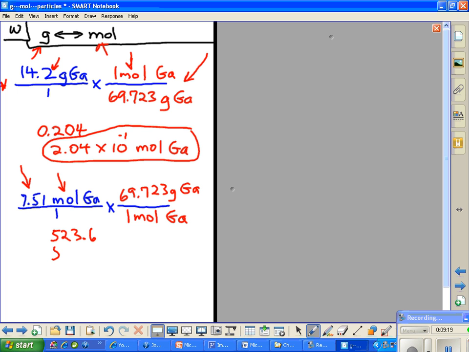So let's round this to 524 and make this in scientific notation. It would be 5.24 times 10 to the minus 2. And this is going to be grams of gallium. And of course I forgot to cancel these guys out. And that left us with this as the unit of measure for our answer. And here we go. That's it.